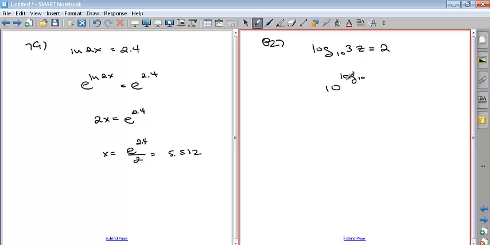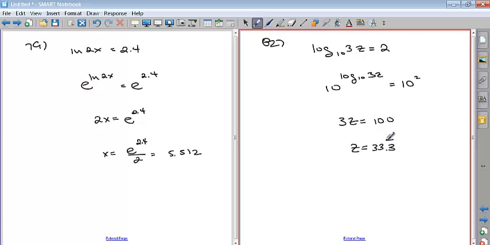So since it's log to the base 10, we have to raise 10 to that power. So it's 10 to this and 10 to that. But 10 to the log base 10 of 3z is just 3z. 10 squared is 100. Divide by 3 and you get 33.33.